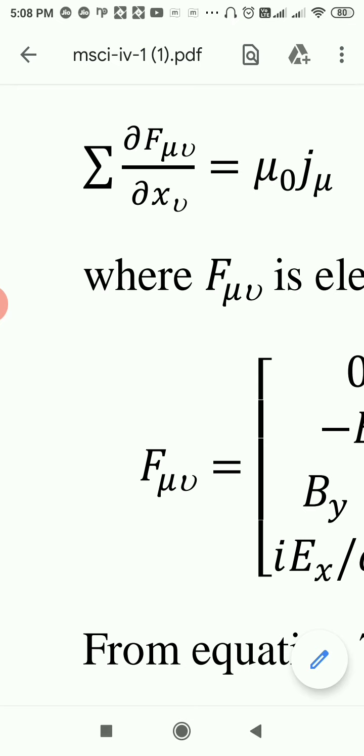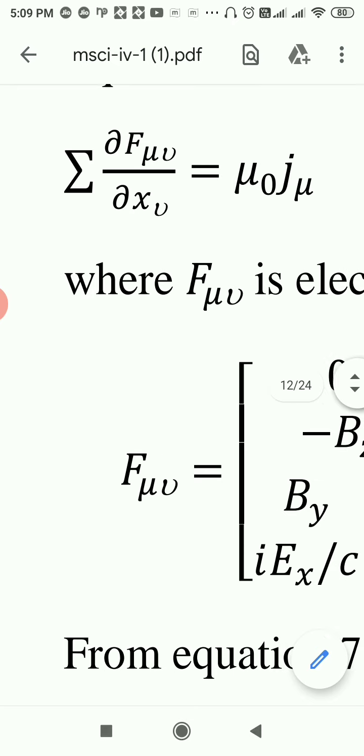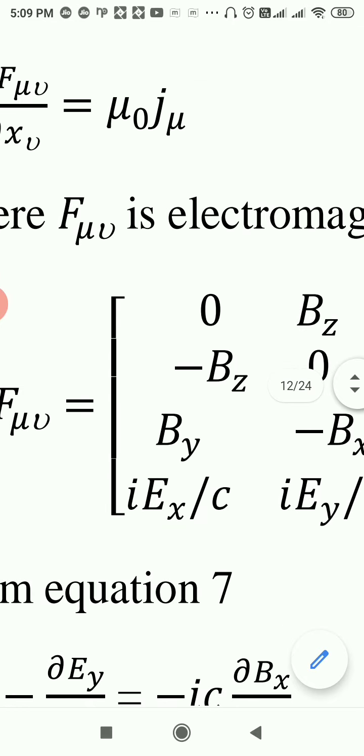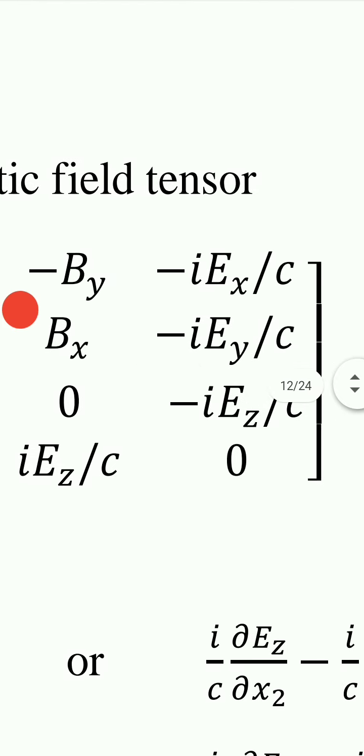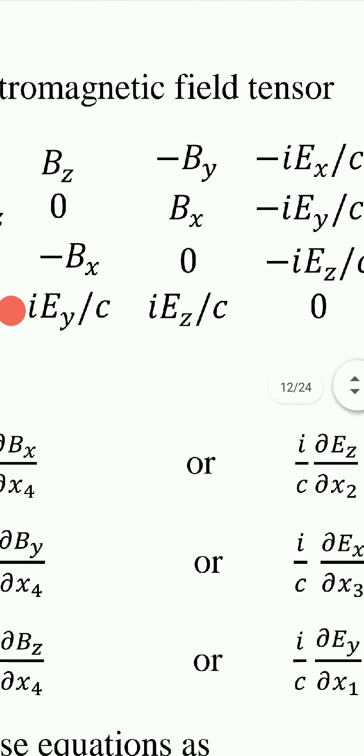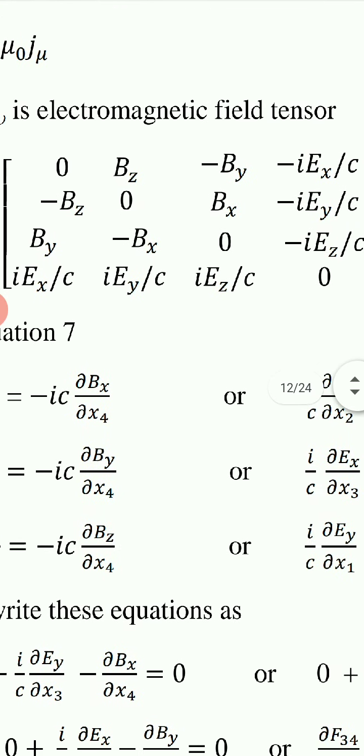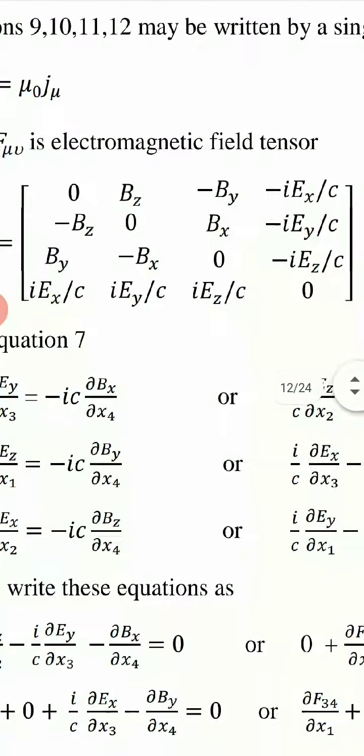On the left hand side, the summation is over nu because nu is the index which is repeated twice. Here F mu nu is the electromagnetic field tensor given by this 4 by 4 matrix.